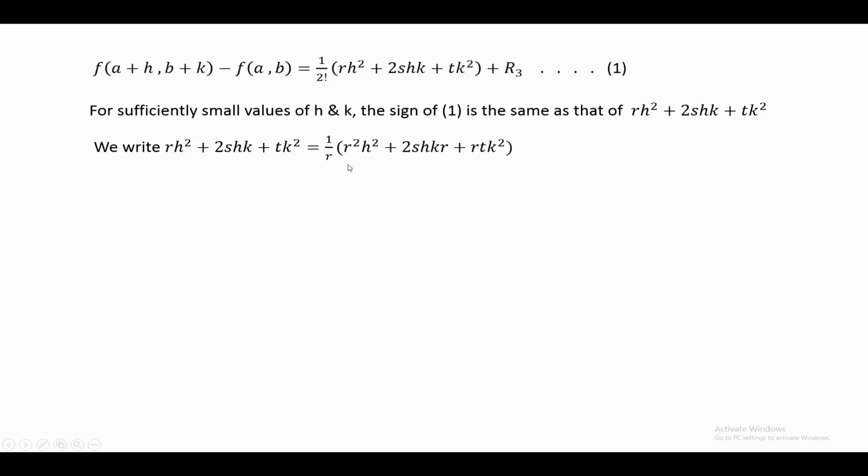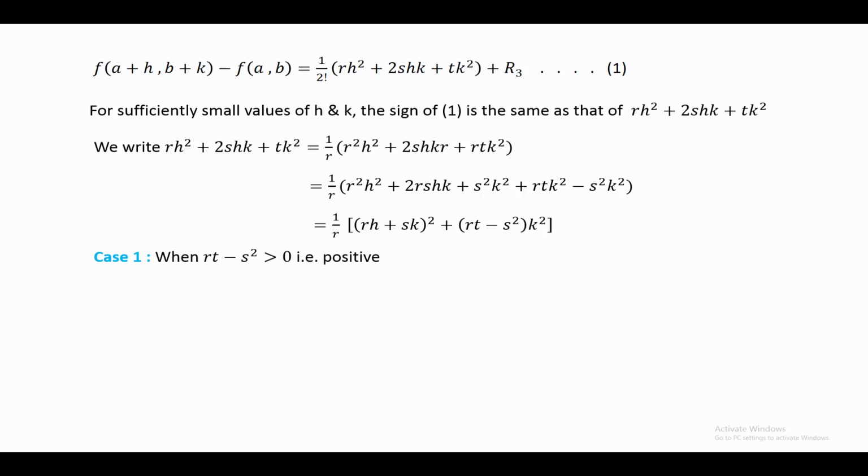We add and subtract s square k square. Now the first 3 terms form a perfect square, so it is 1 upon r inside the bracket (rh plus sk) whole square plus, from the next 2 terms taking k square common, (rt minus s square) into k square.